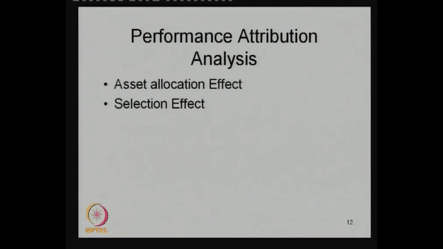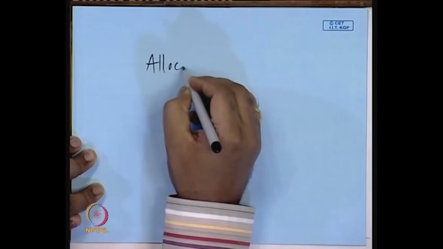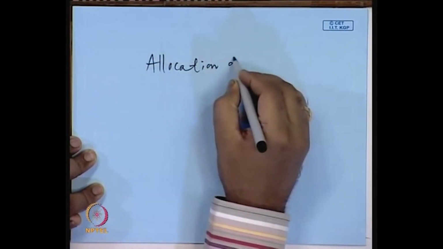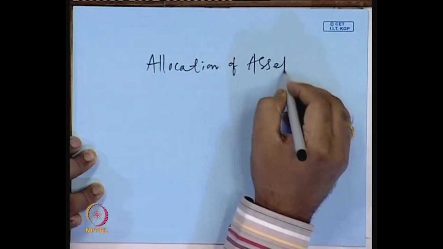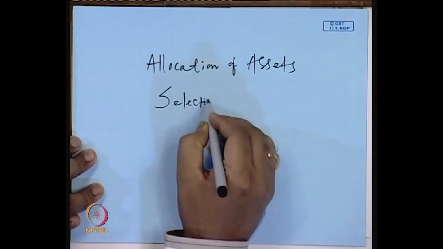In this case we look at how much return the portfolio manager has got because of the asset allocation, because the main job of the portfolio manager is the allocation of assets, which is the major function of the manager, and the other one is selection.